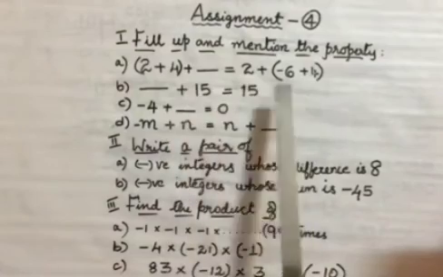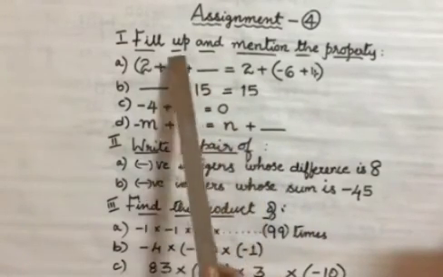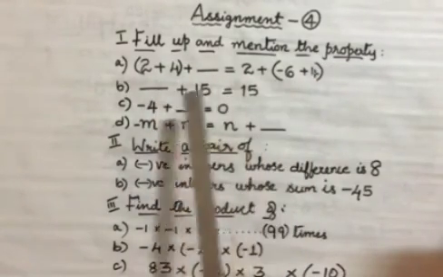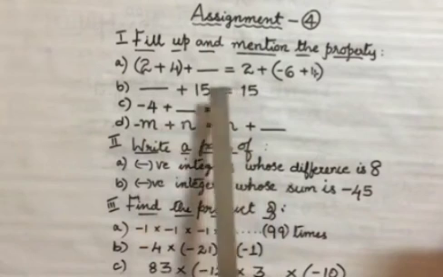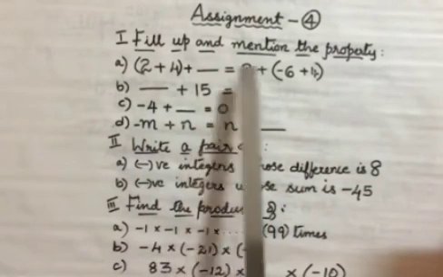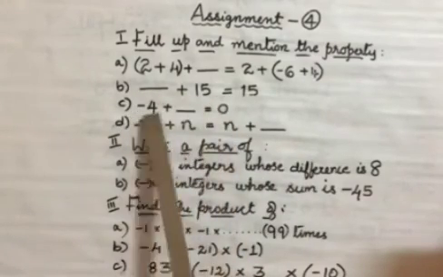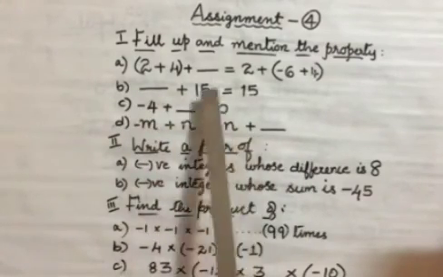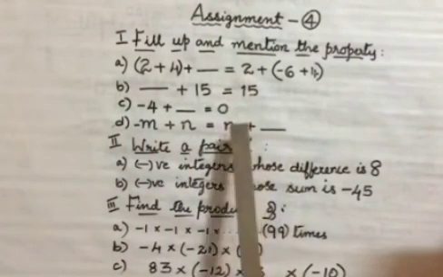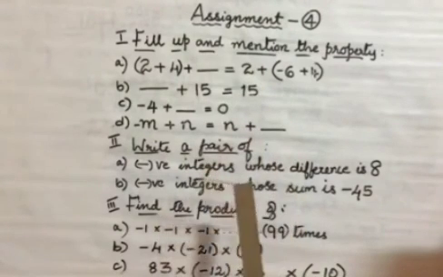What I've given is all the properties, children. You have to fill up and mention the property. You might have already found the answer here and the property, I'm sure. Here also, dash plus 59. All these properties you've already learned. So I've given all the properties. Try to fill up and identify what each property is.